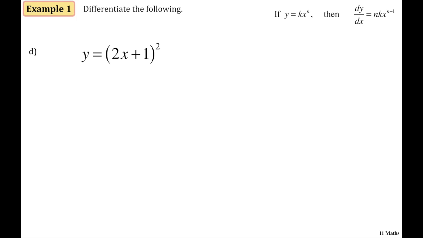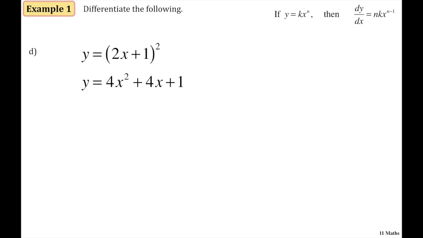Now you might remember the shortcut for expanding the brackets. Square the first term, 2x times 2x gives 4x squared. Multiply the two terms together and then double that result: 2x times 1 is 2x, double it, you get 4x. And the last term, square it and you get 1. So we end up with 4x squared plus 4x plus 1.